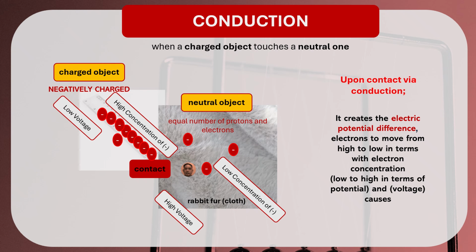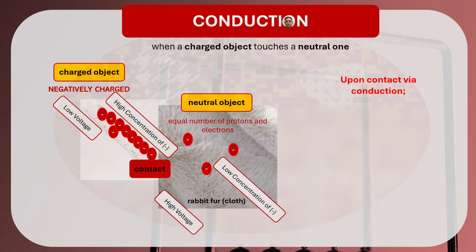When there are many electrons, there is a low voltage, while if there are fewer electrons in a material, the voltage there is high. Please remember that concept. So what will happen upon contact? During conduction, electrons will move from high concentration to lower concentration, or from low voltage to high voltage.